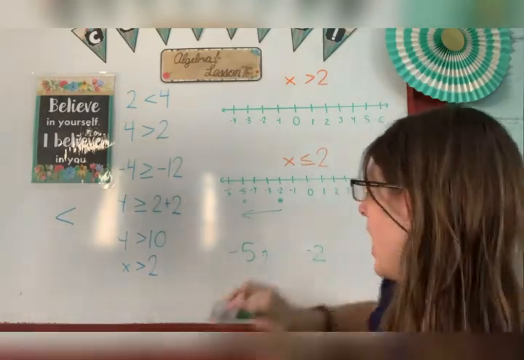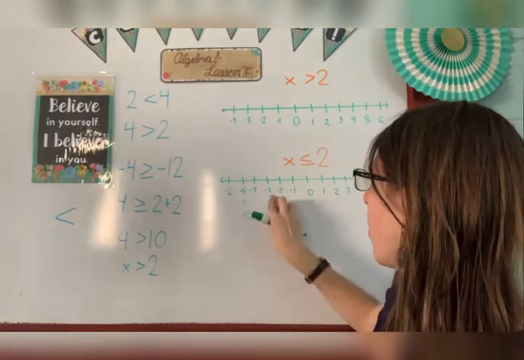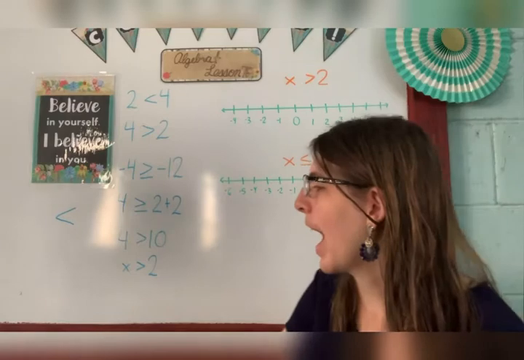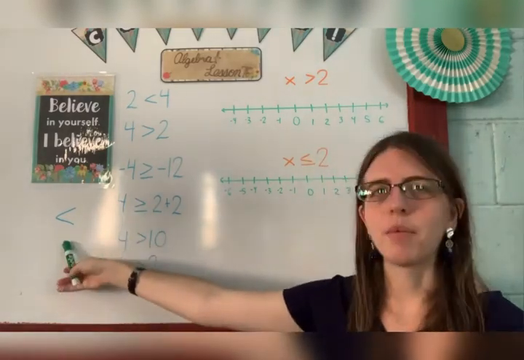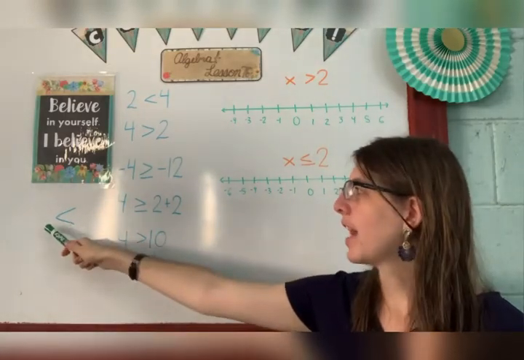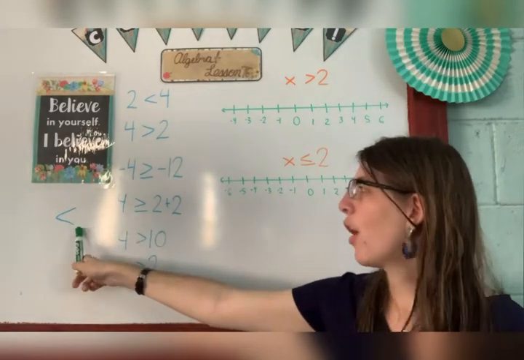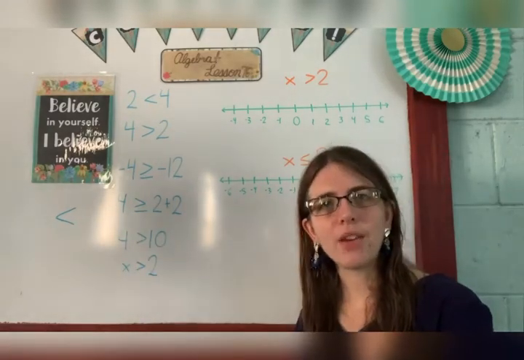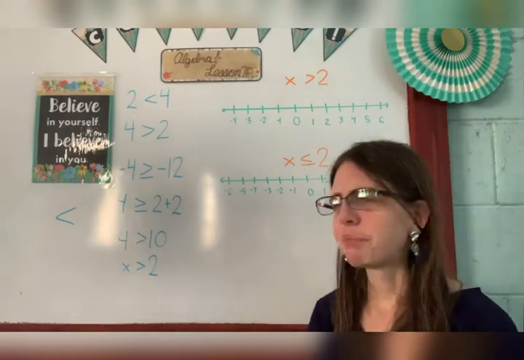All right? Now, when we want to compare numbers to see whether they're bigger or smaller than another number, we have symbols that we use. It's all based on this little caret that we have here and where it's pointing. Remember that the closed end is pointing towards the smaller number and the open end is pointing towards the bigger number. We always read it from left to right, okay?